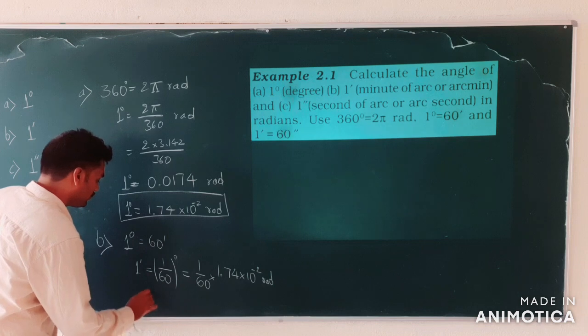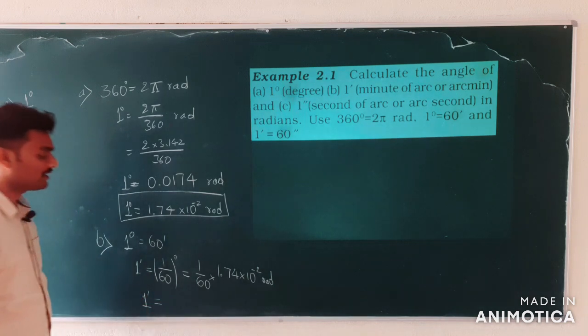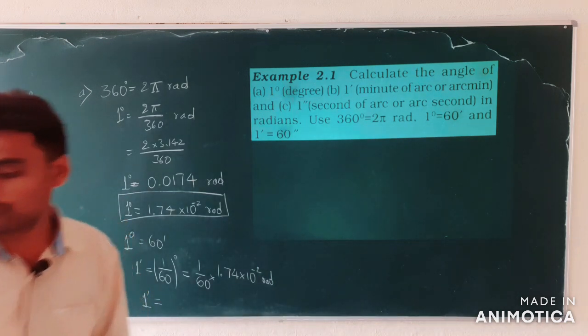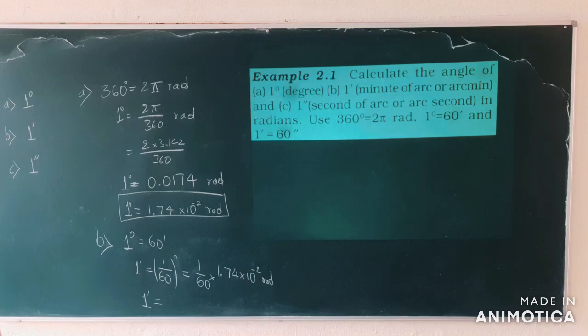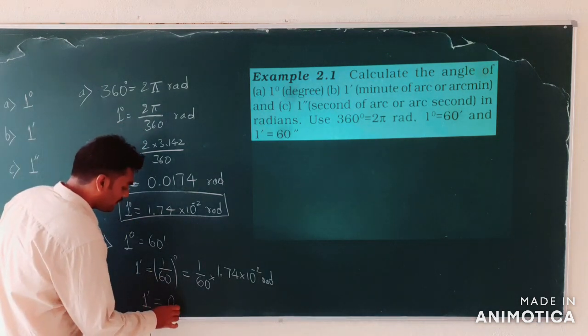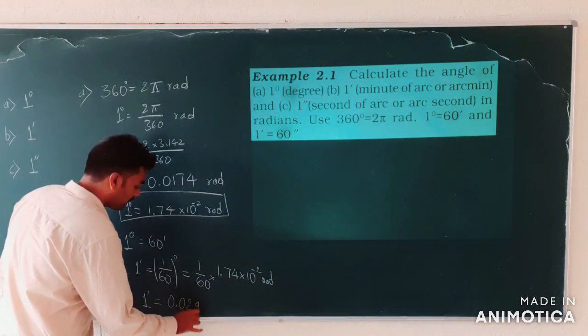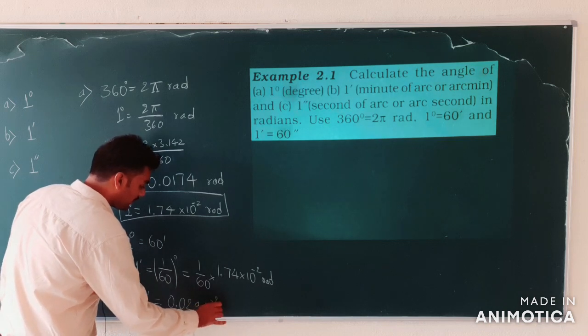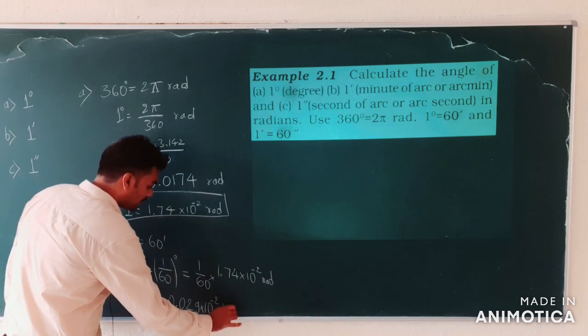So, 1 minute is equal to, let me solve for it, make use of calculator. It is going to be 1.74 divided by 60, 0.029 into 10 to the power of minus 2 radians.